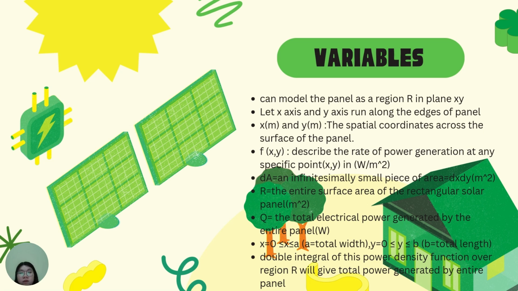Then dA is dx dy, R is the entire surface area, and Q is the total electrical power generated in watts. Since we don't know the limits beforehand, for x we can put 0 to A, where A is the total width, while for y we put 0 to B, where B equals the total length.